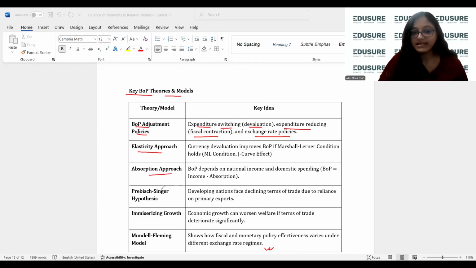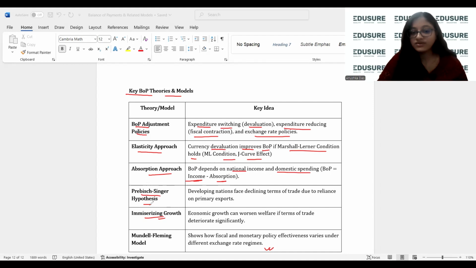These are all BoP adjustment policies taken by the government. Then elasticity and absorption approach we studied today. Elasticity approach: currency devaluation will improve BoP with the help of the Marshall-Lerner condition, and the visual depiction is the J-curve effect. Absorption approach: BoP depends on national income and domestic spending. BoP is national income minus the absorption.